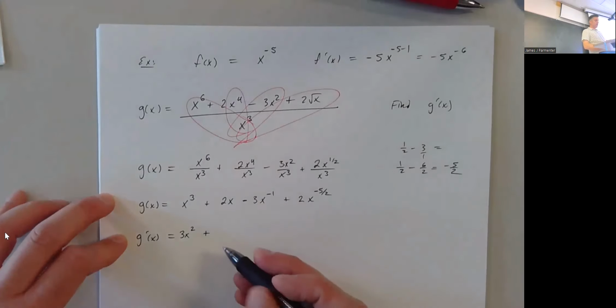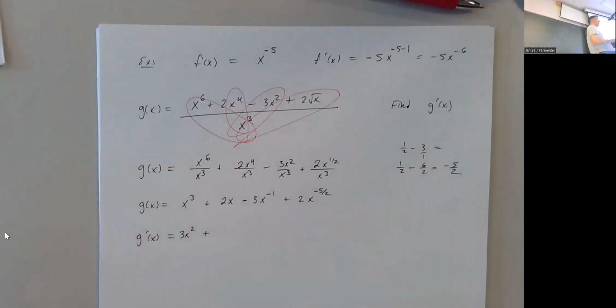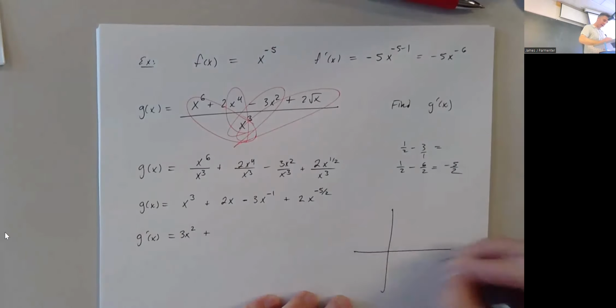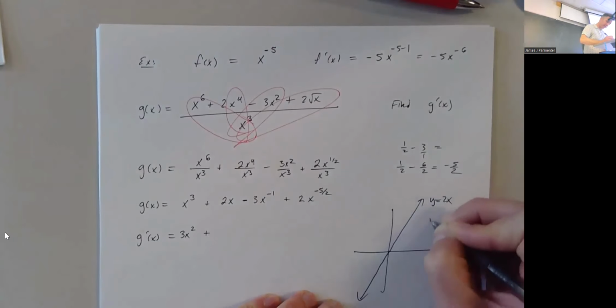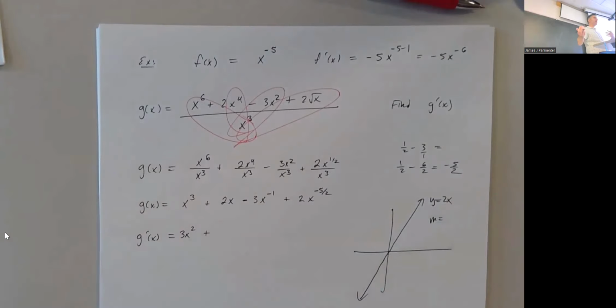I mean, you can, but really we should see that when you have a line like y equals 2x, let me ask everybody, for the line y equals 2x, let me draw it over here, y equals 2x. What's the slope of that line? Does it matter what point you pick? No, the slope is always 2.